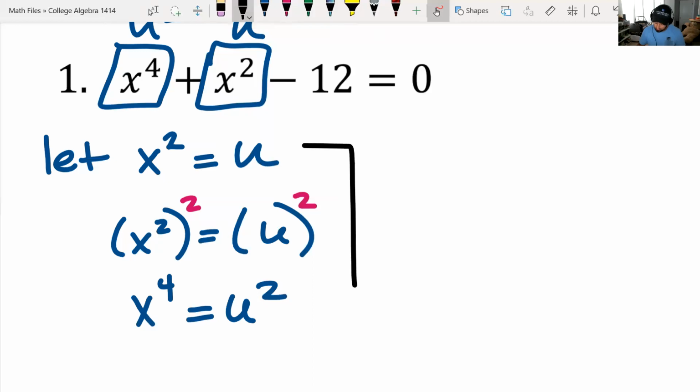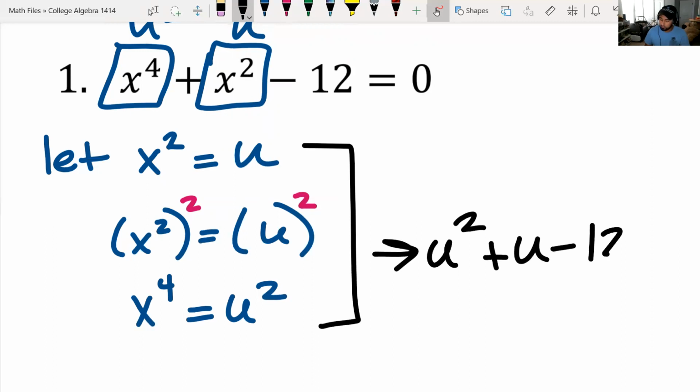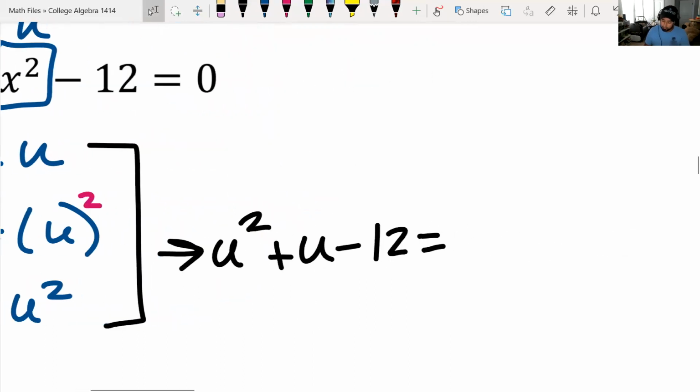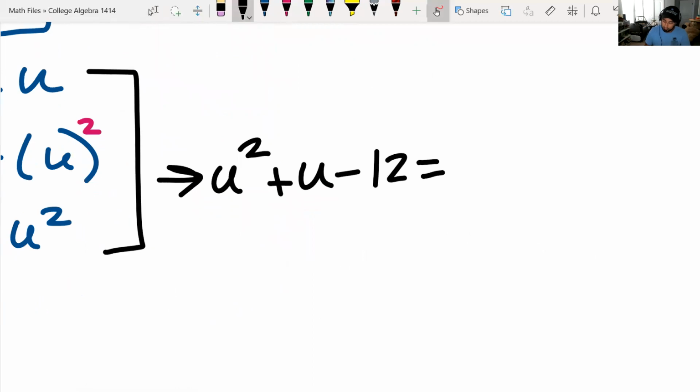Now, let's rewrite our equation in U substitution form. So we will have u squared plus u minus 12 equal to 0.